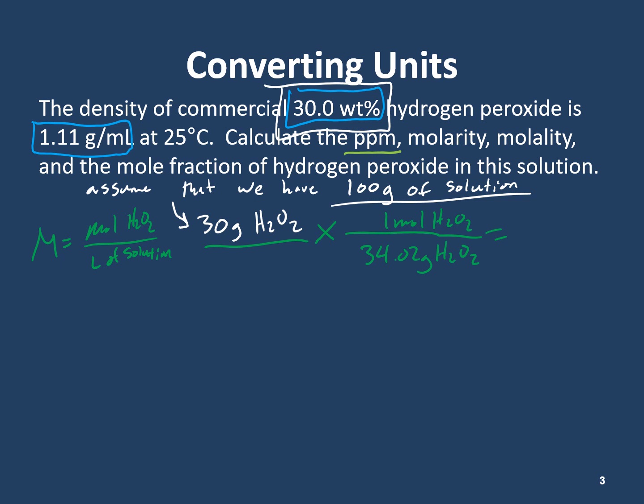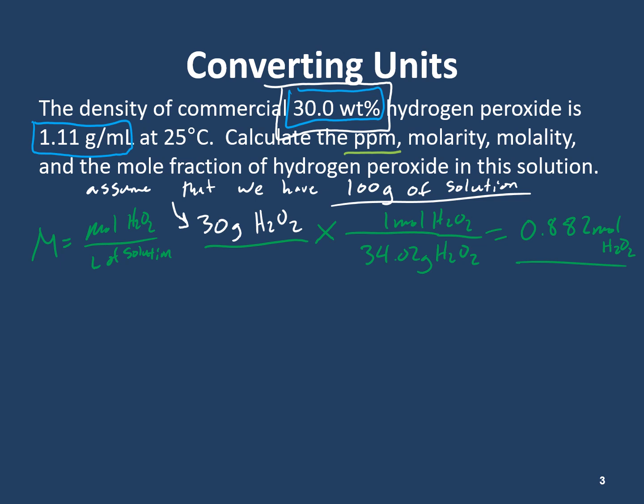And so if I divide 30.0 by that, I get 0.8818 moles, or to 3 sig figs, 0.882 moles of H2O2.